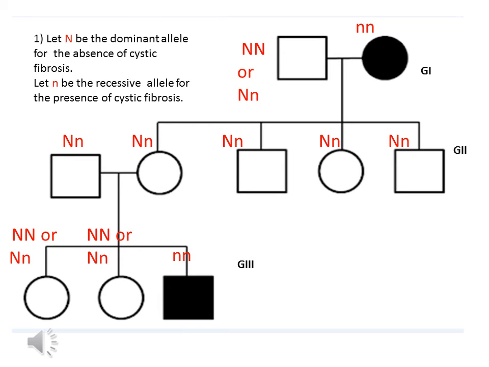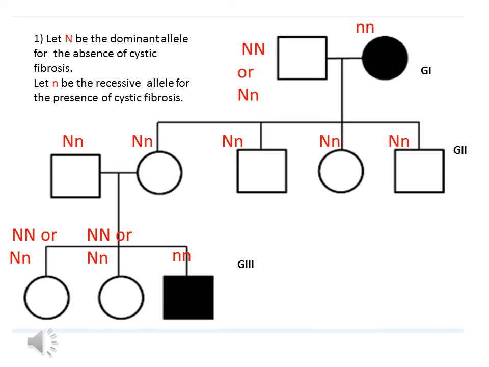The female on the left, big N, small n, will marry a male that doesn't have the disease, so the first letter will be big N. However, we don't know if the male is a carrier for cystic fibrosis. In order for us to know, we need to look at their offspring.